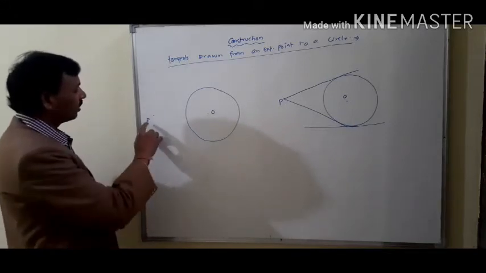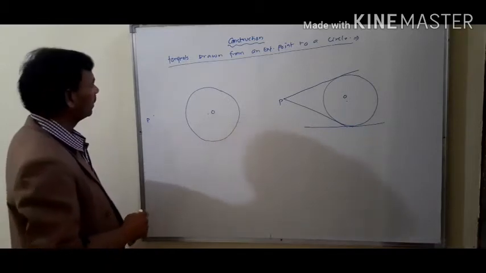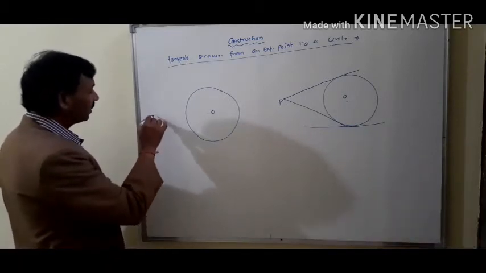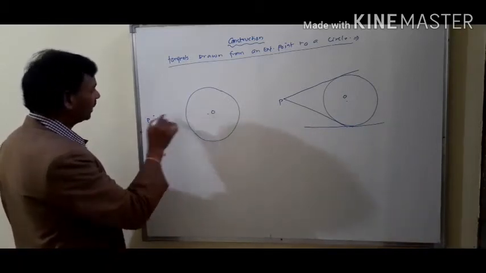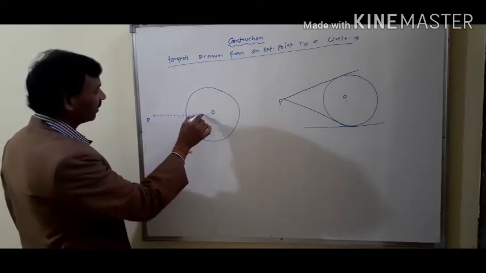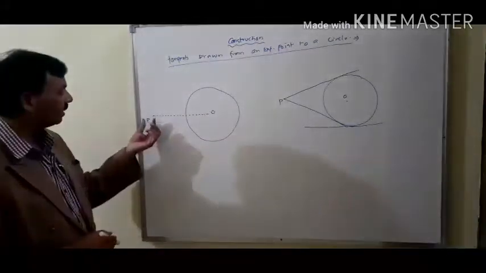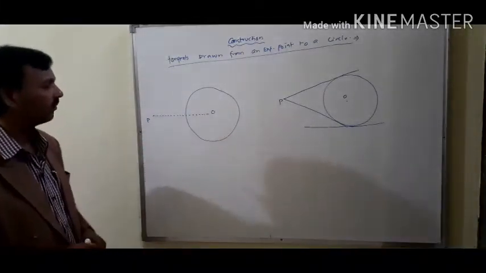If we want to draw a tangent from P to the circle, then in the first step we join P and O with the help of a scale.